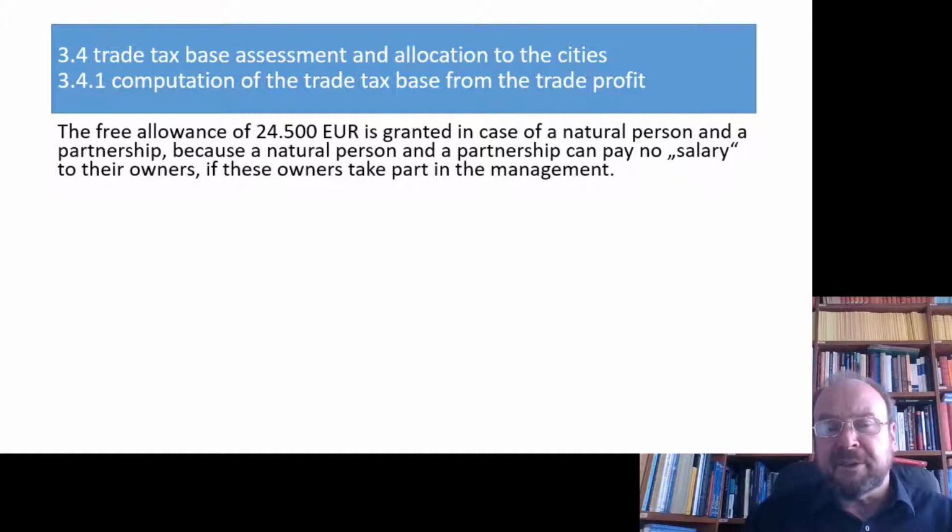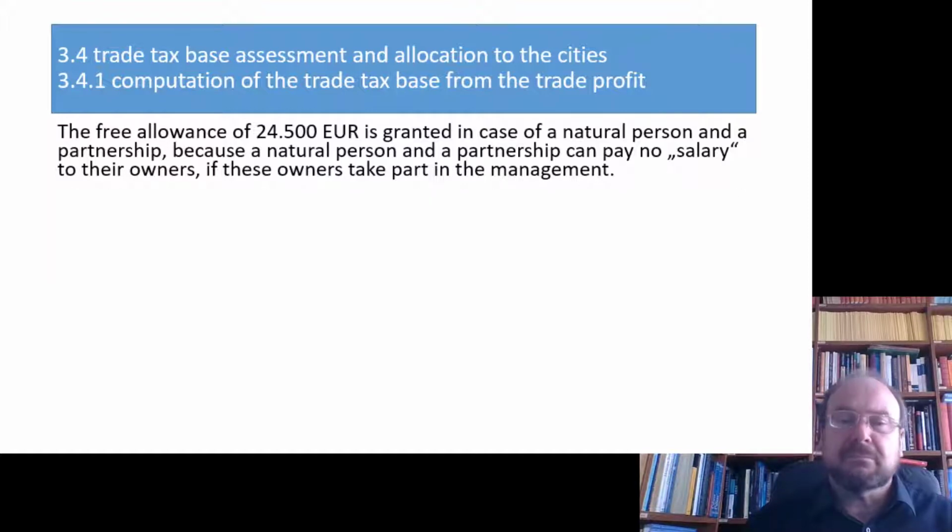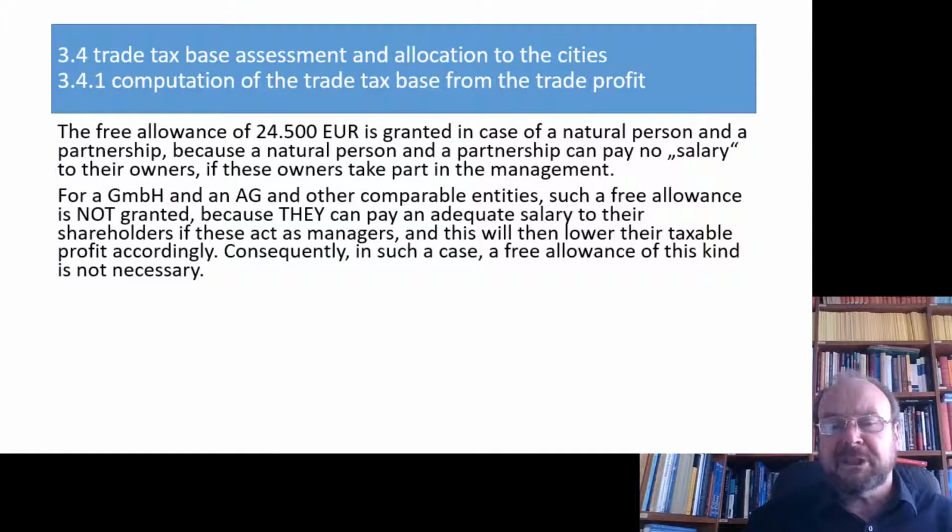That was 4,000 Deutsche Mark per month. That was at the time when it was set or fixed in the law. That was a kind of equivalent or adequate salary for management, for an owner of an enterprise. Now, for a GmbH or an AG, that free allowance is not granted, because if you have a GmbH and you are a shareholder working for the GmbH, then you can get a wage which is respected by tax law.